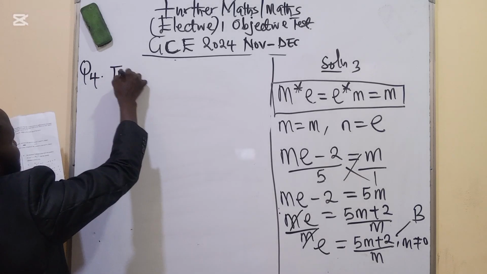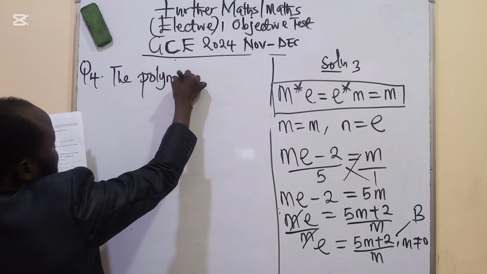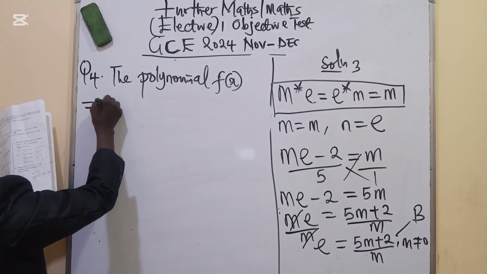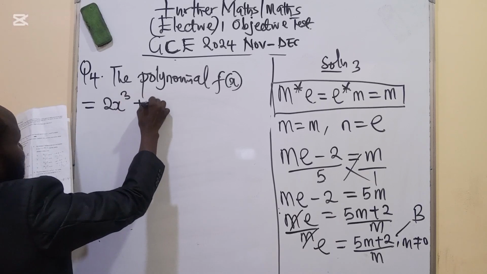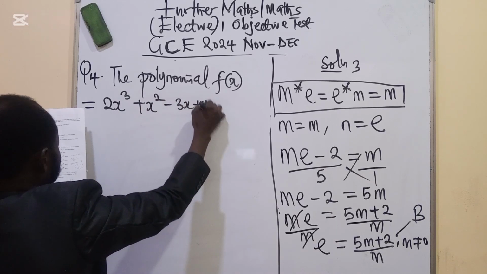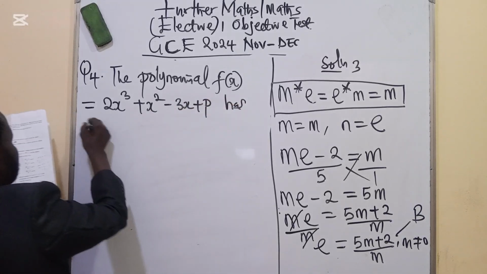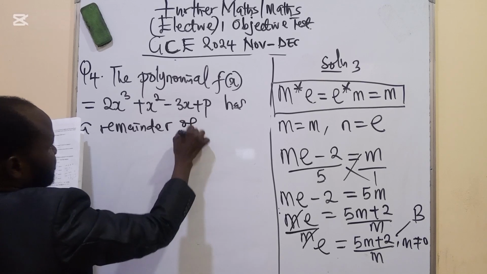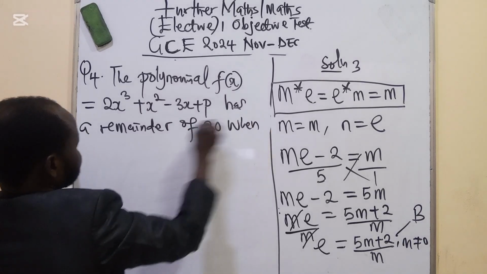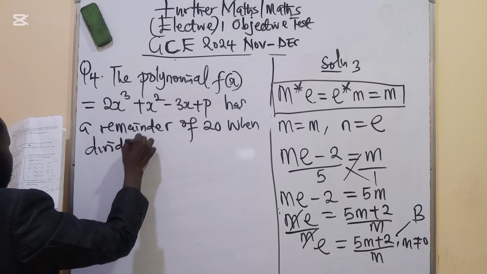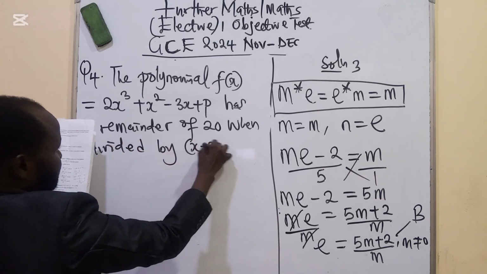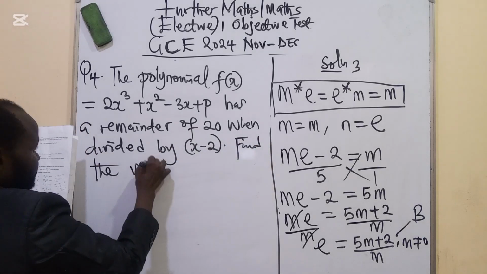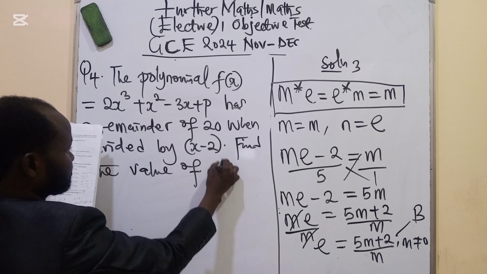Question 4: we have the polynomial f of x equals 2x cubed plus x squared minus 3x plus p, which has a remainder of 20 when divided by x minus 2. There's a relationship with remainder theory. We are asked to find the value of p.